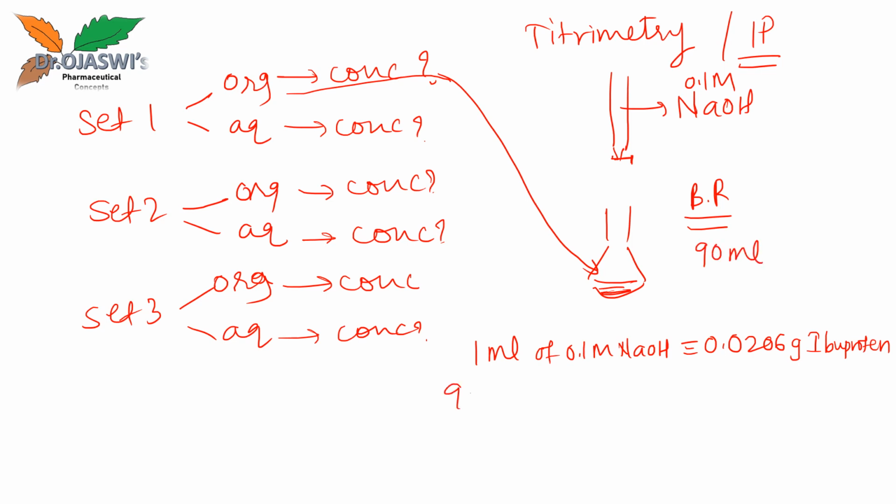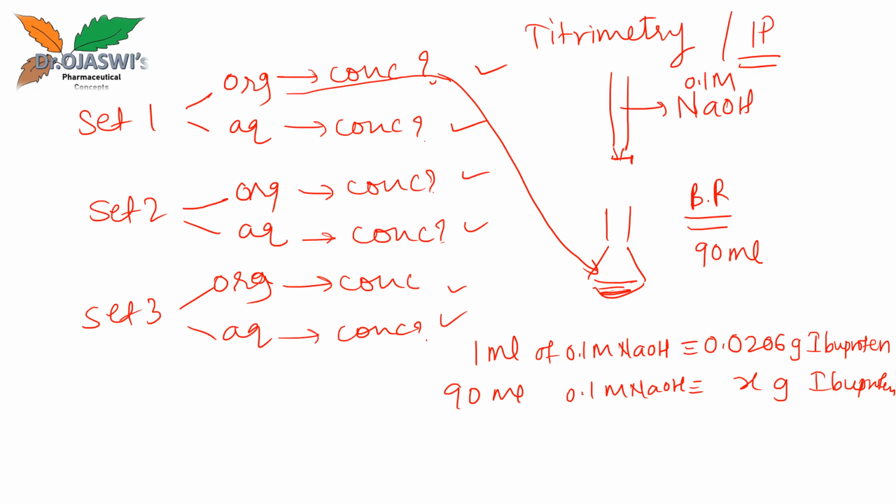Then 90 ml of 0.1 molar NaOH corresponds to X grams of ibuprofen. Likewise I will get the amount of ibuprofen present in the organic layer and aqueous layer of each set.